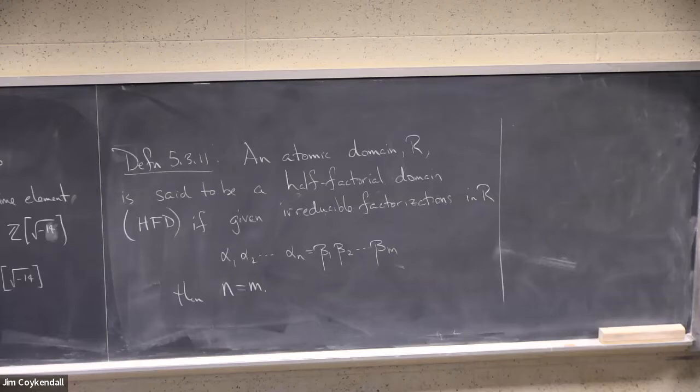I need to check my facts, but I think the first paper in 76 appeared in the Bulletin of the AMS. It was on half-factorial domains, and the next one was in 1980, a longer paper in the Israel Journal, a good journal, on half-factorial domains.